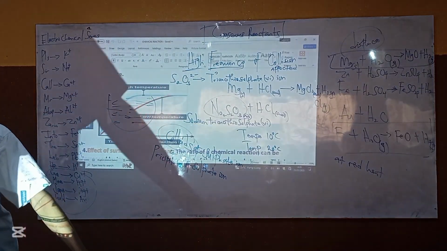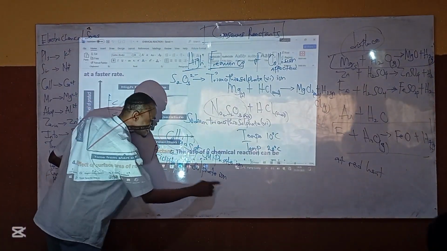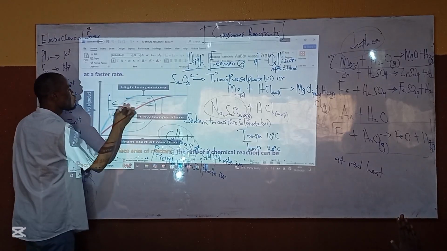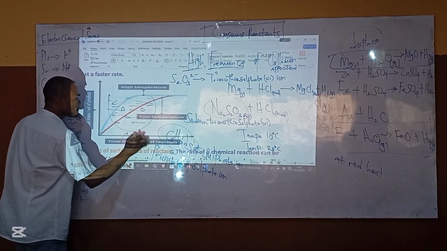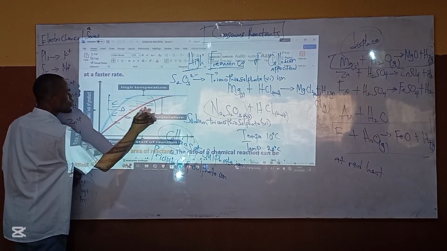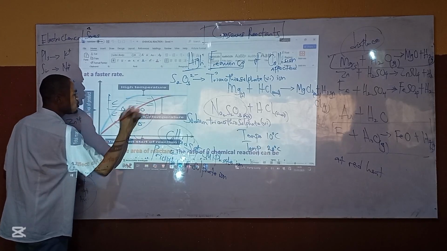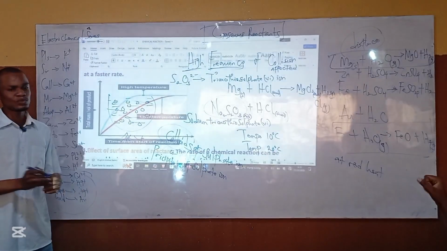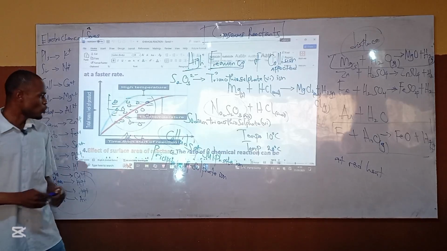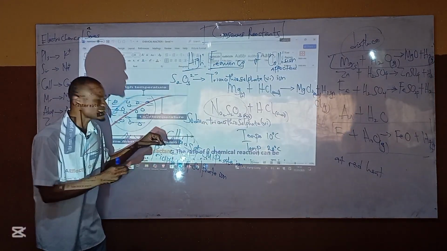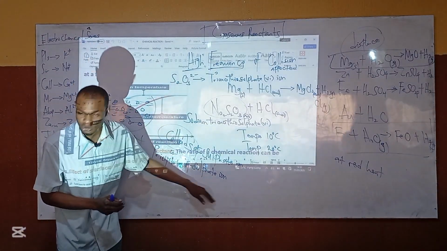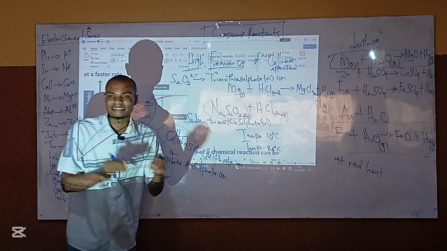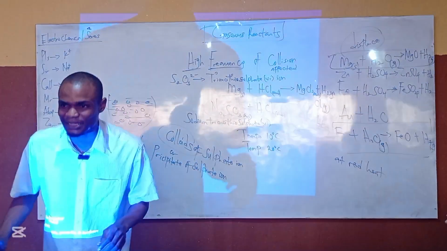What did I say? Precipitate of what? Sulfur. That's the cocoa. We start forming. So what you assume is, once you start seeing precipitate or colloid of sulfur, the reaction has taken place.